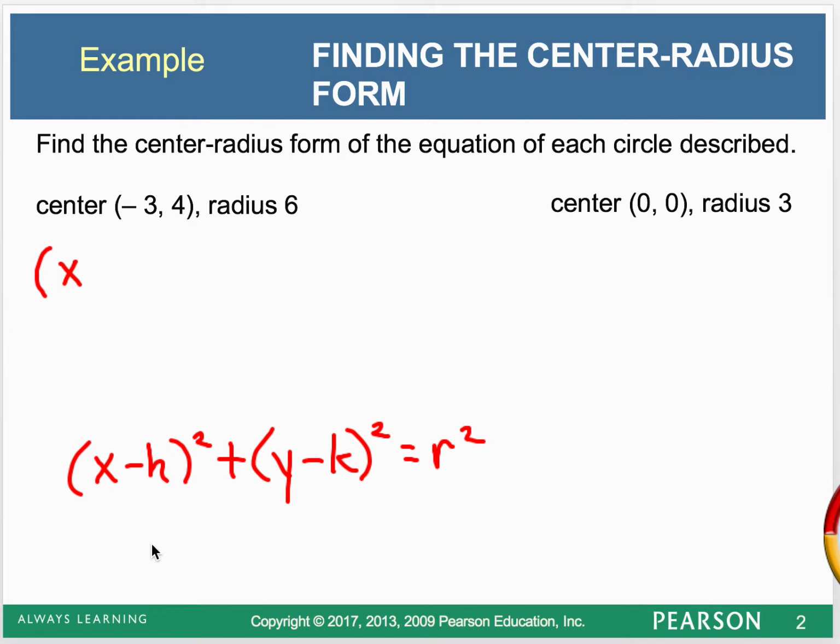Where the point (h, k) is the center. And of course, r is your radius. So notice I have the opposite signs here. The center is actually h. So right here, if my center is -3, there's a negative as part of my formula.